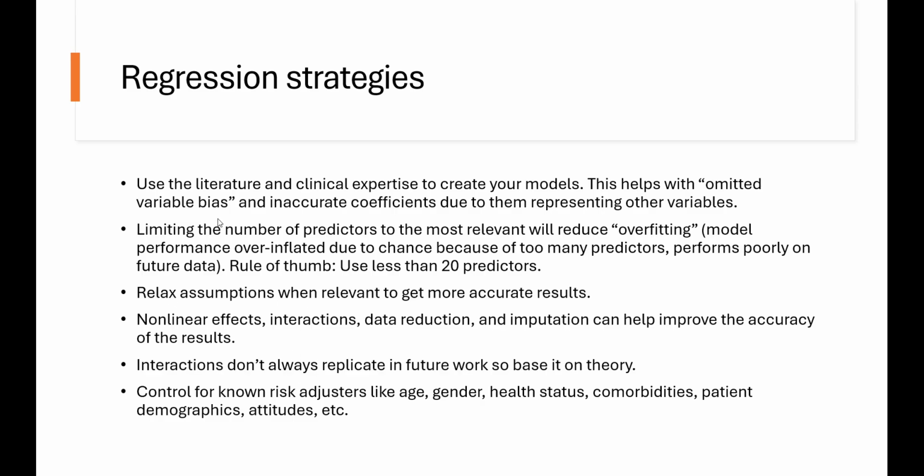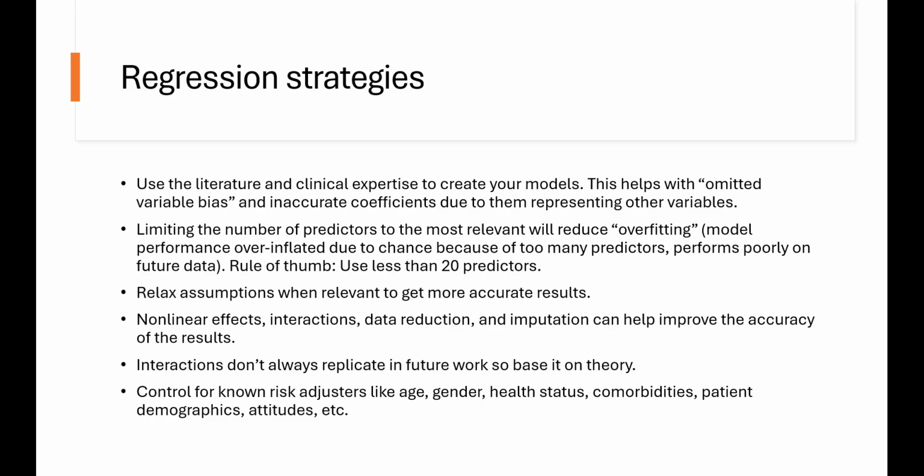First, we can use the literature and clinical expertise to create our models, so we can find out which predictors we should include in our regression model. And again, a regression model is based off a conceptual model. For example, if we're looking at predicting the chance of lung cancer, we would want to include smoking history, tobacco use, their profession.